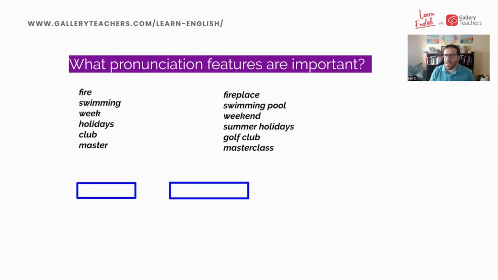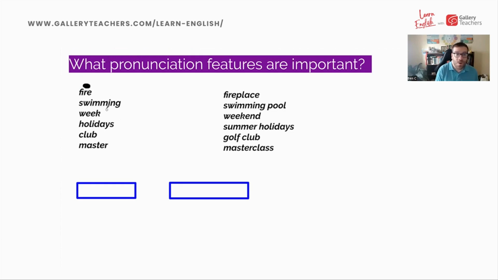So then we need to think about what pronunciation features are important. Now, in ordinary nouns, there's going to be a single syllable that is stressed more clearly than others. So, for example, fire has one syllable, so we simply stress this one syllable.